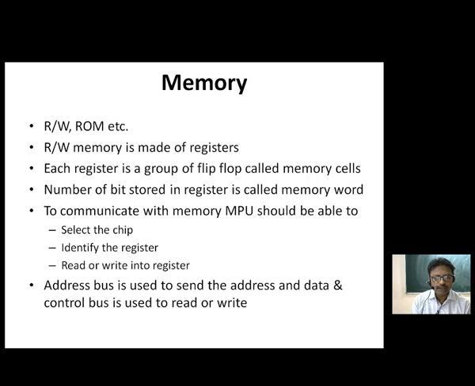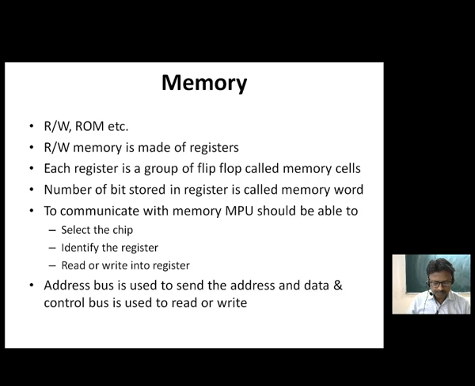Now we know that this read-write memory is made of registers, and each register is a group of flip-flops, and these flip-flops are called memory cells because each flip-flop is going to store one bit. So it is called the cell of the memory, or the memory cell.